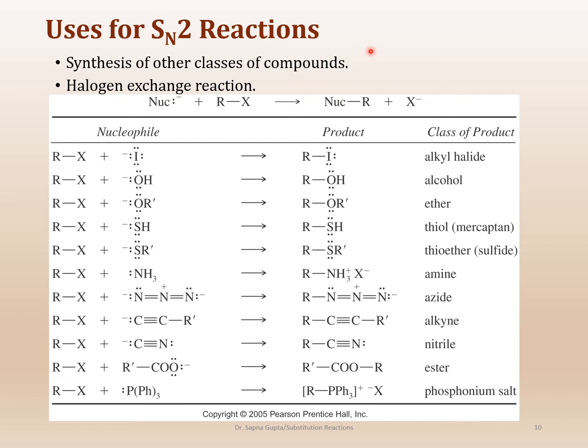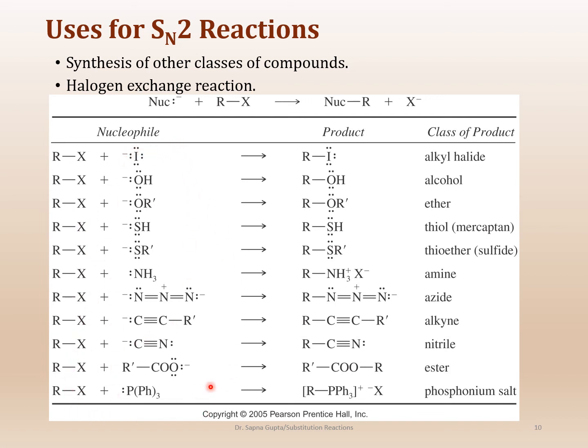So what are the uses for SN2 reactions? Unbelievable. There are so many, because the main thing you can do with them is form all sorts of functional groups. Here you have a list of substrates, which could be anything. Right now it just says R, but it could be anything in there. We will talk about exceptions later on, so you'll know what you cannot use as a substrate, but otherwise in general you have a large choice of substrates to use, and then you have a leaving group on there, and look at the nucleophiles.